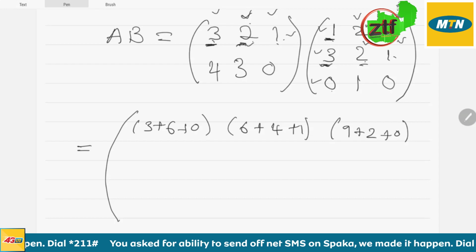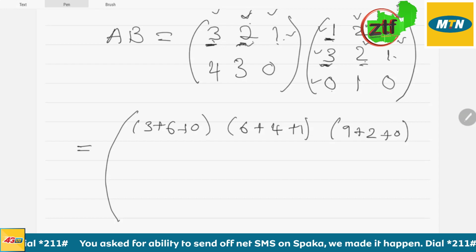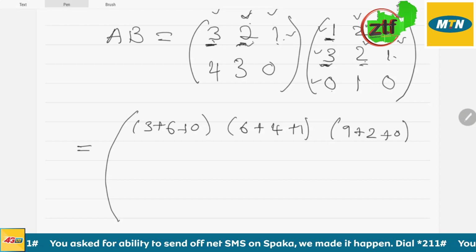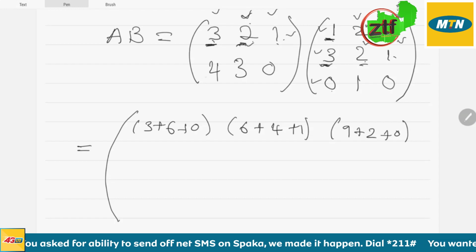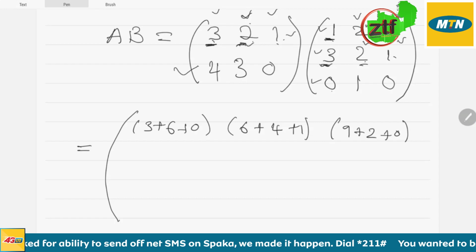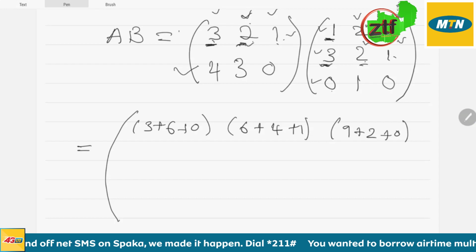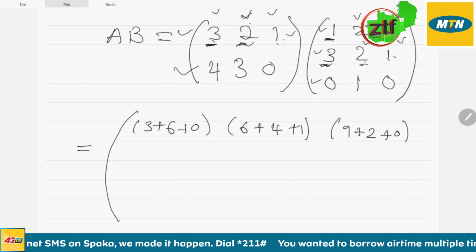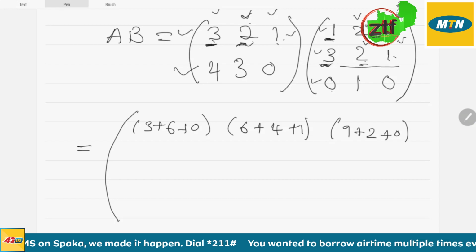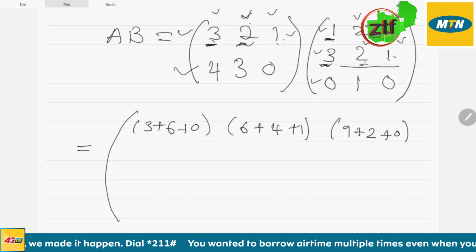the second row, which is this one. Okay, so let me now multiply elements in the first row by elements in the second row, which are these ones.